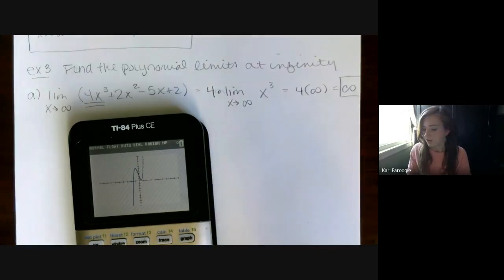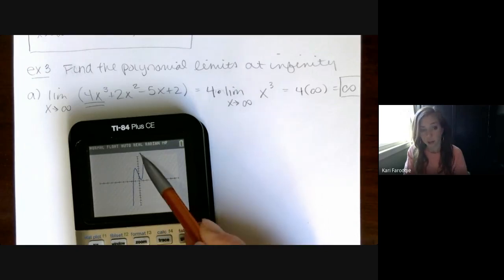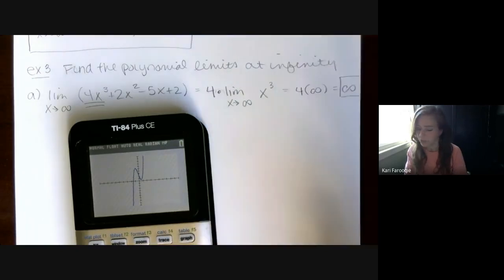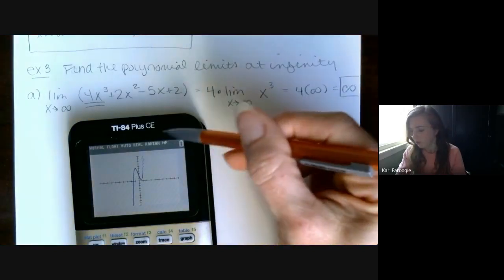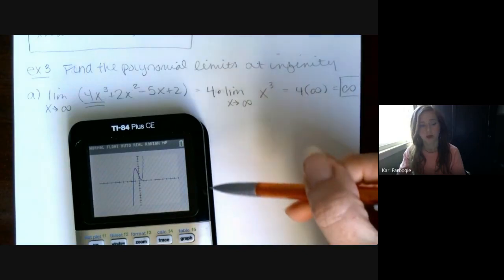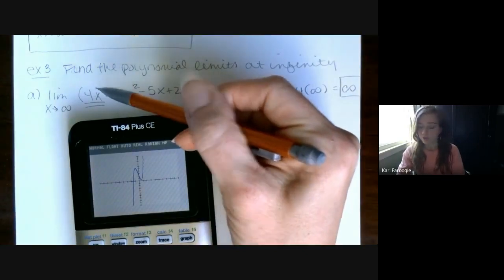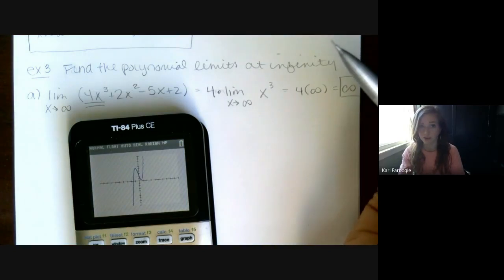You're seeing that as your values of x get larger, so as I move to the right, the values of y are going up. Now, if you're wondering, well, how do I know that nothing else is happening, like over here? How do I know that the graph doesn't go up and head back down again? Well, it's a cubic function. It can have at most 2 turning points. If you remember your algebra, that'll really help you out in this instance.